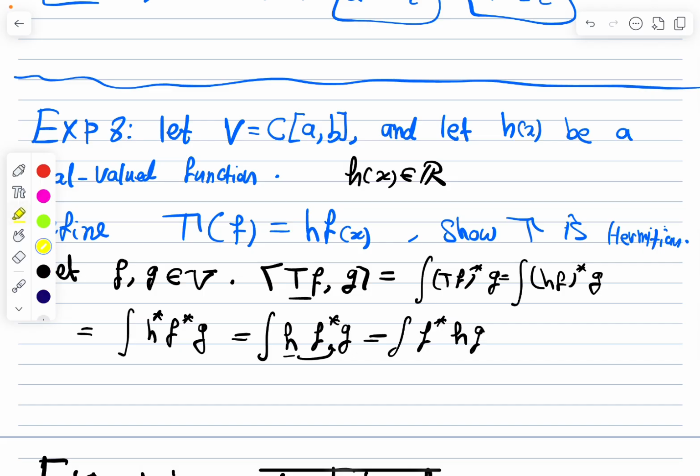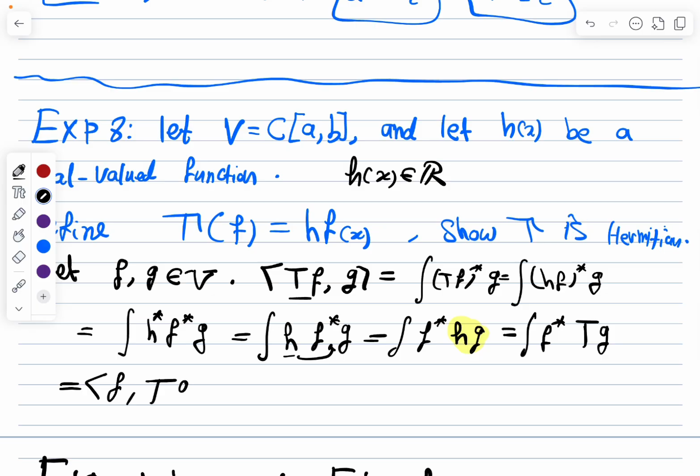But what is Hg? We have f conjugate, and Hg is T applied to g. When you apply T to g, you get Hg, because remember T is basically multiplying the function by H. And this, if you notice, is basically the inner product of f with Tg.